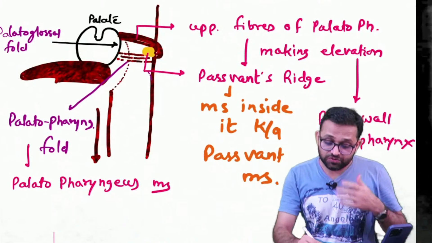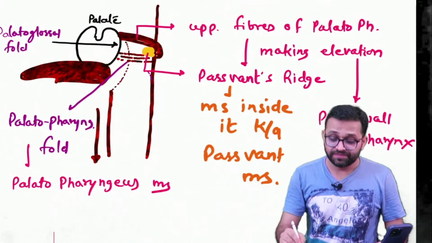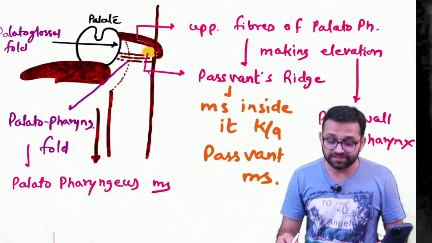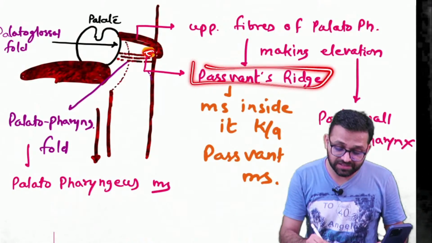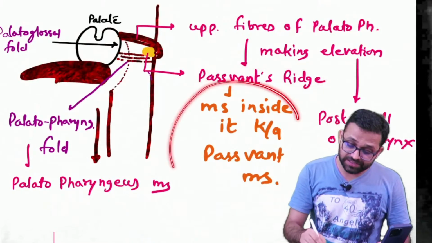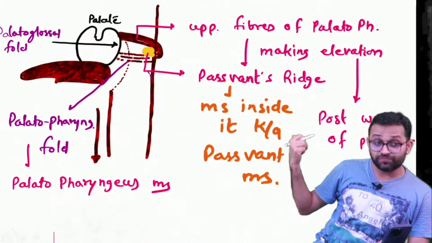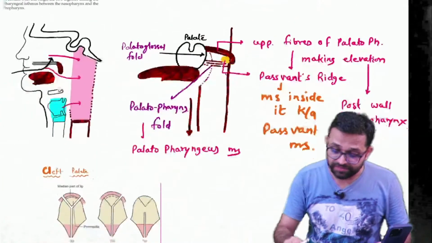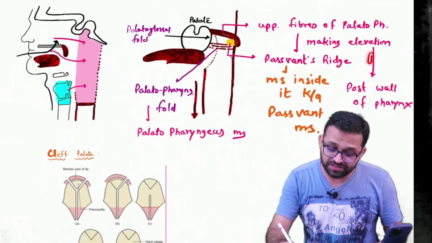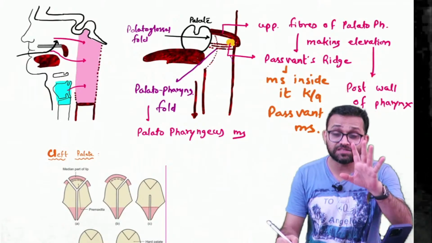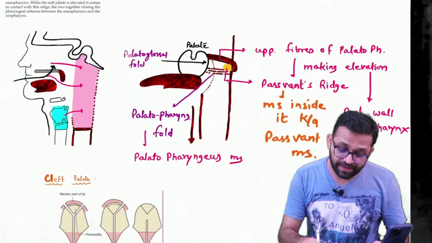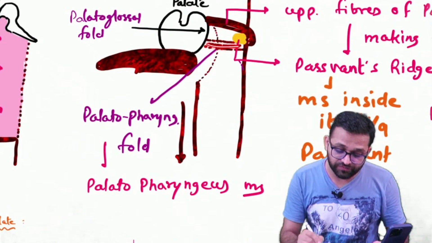The upper fibers of the palatopharyngeus make one elevation. This elevation is known as Passavant's ridge, and the muscle inside is known as the Passavant muscle. It is present in the posterior wall of the pharynx. That is our palatopharyngeal fold.